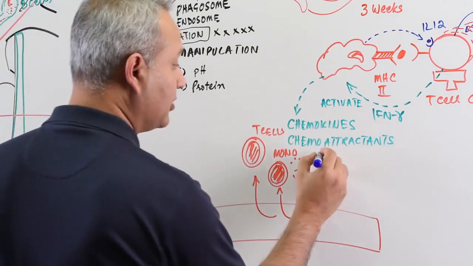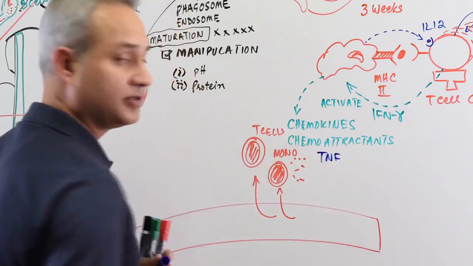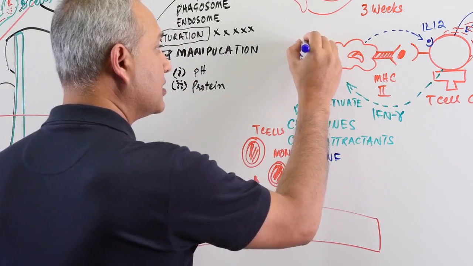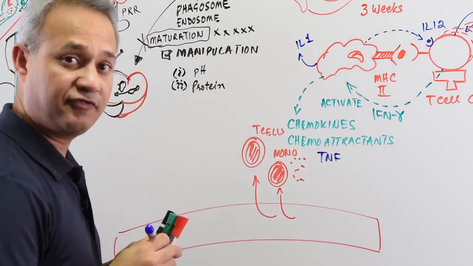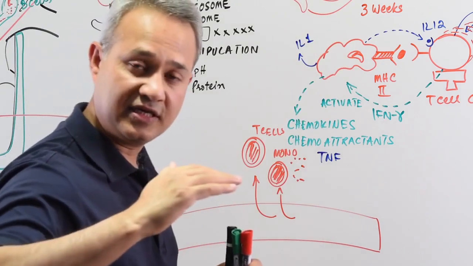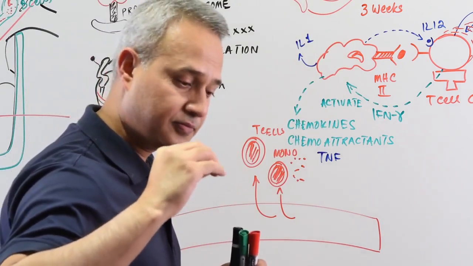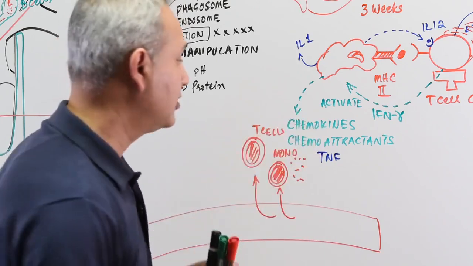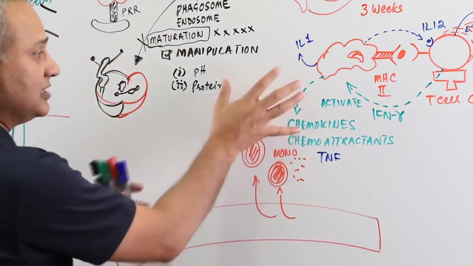So in the chemokines, one important one is tumor necrosis factor. Then there is also IL-1. IL-1 would start causing fevers. Then there are more interleukins that would suppress the appetite in the patient. So the weight loss would start over time. Tumor necrosis factor causes these things to come in.